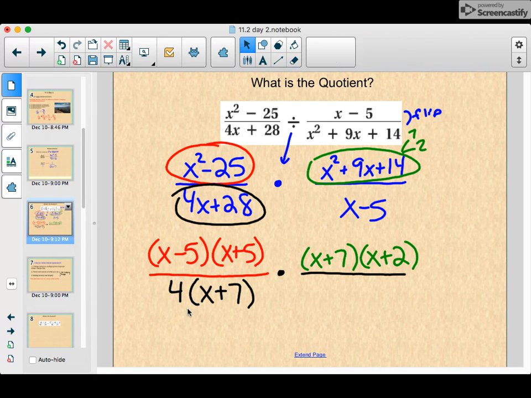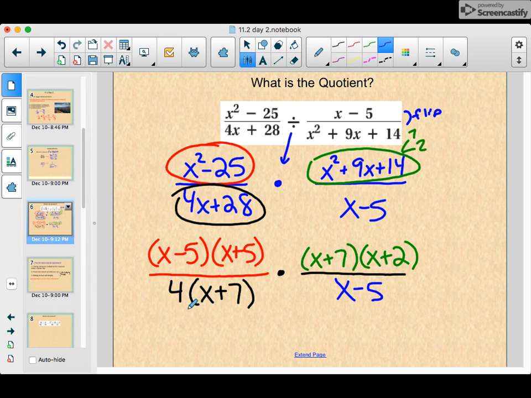And on the bottom, x minus 5, I can't do anything with that. That's just x minus 5. You might want to put it in parentheses, though, to remind you that those are locked together. So remember, multiply, you just multiply straight across. So basically, this is going to become one giant fraction. And then you're going to cancel things out. Good news, you don't have to worry about excluded values in this section. It just gets a little crazy, so we don't make you do it.